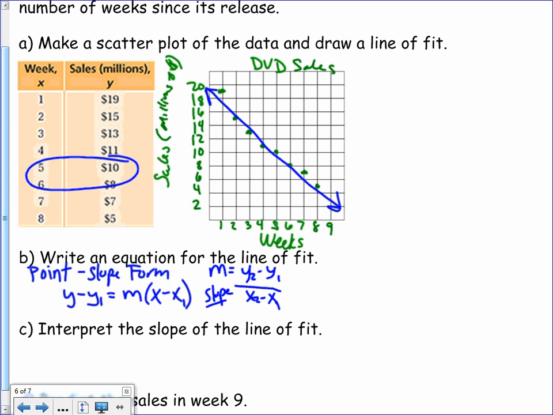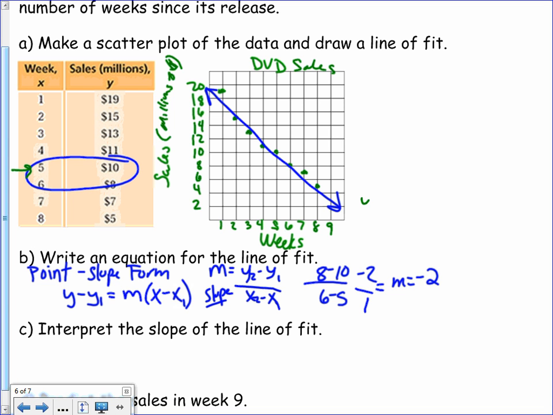So what we first need to do is figure out the slope using the 2 points that my line went through. So 8 minus 10 over 6 minus 5 is negative 2 over 1. So the slope is negative 2. Now I'm going to use that slope and just one of these points, so I'm just going to pick the point 5, 10.